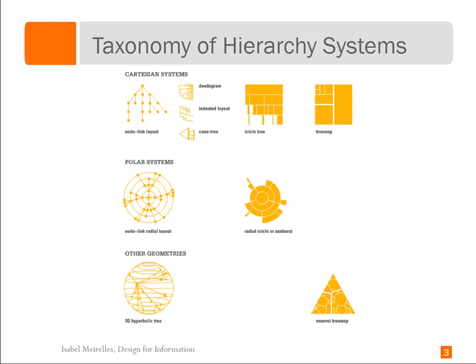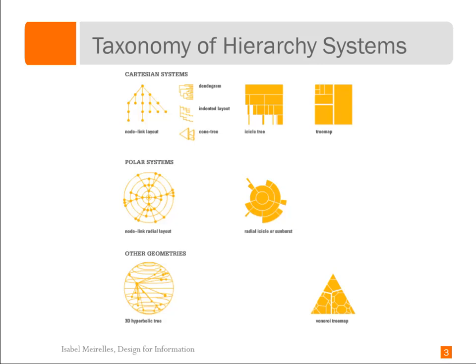So we have the 3D hyperbolic tree, as well as on the right-hand side, the Voronoi tree map. So lots of different examples there. I encourage you to read further on this taxonomy in Marilla's Design for Information text. It's a very useful text that I think you'll enjoy.